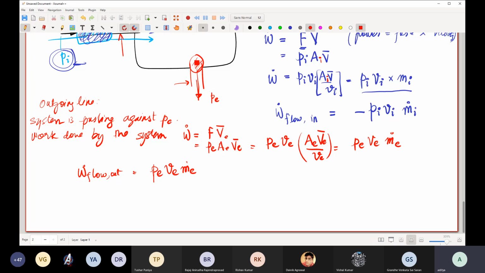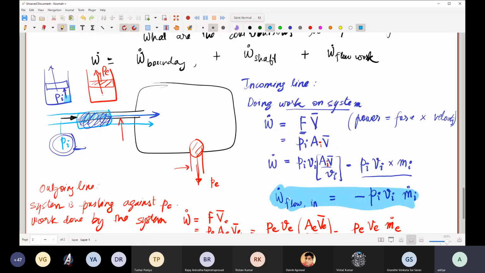Okay. These are two very fundamental results, and we will see how these expressions tie in very nicely with the idea of enthalpy in a moment. These two results are very important. And I know what you're thinking, that in one case I took the internal pressure, in one case I took the external pressure.